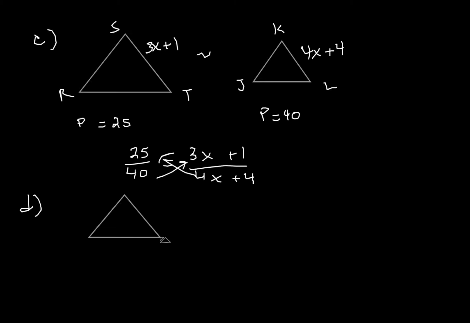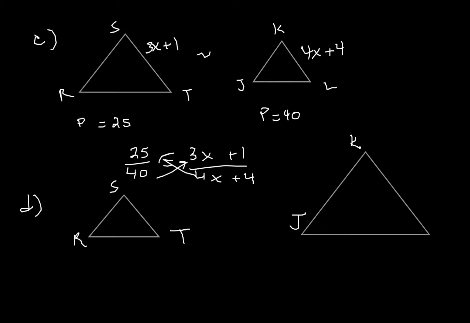All right, here we go. So we have our RST and our JKL. They're similar. It says the ratio of similitude is 3 to x, so that just means 3 to x. We don't know which one is bigger right now.